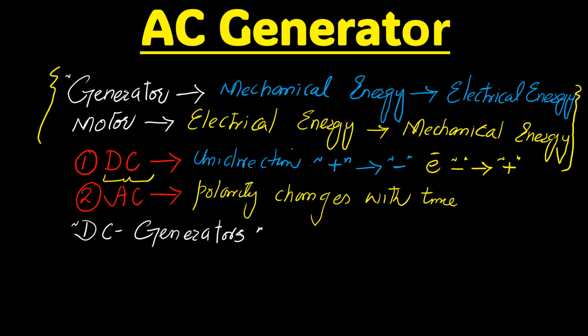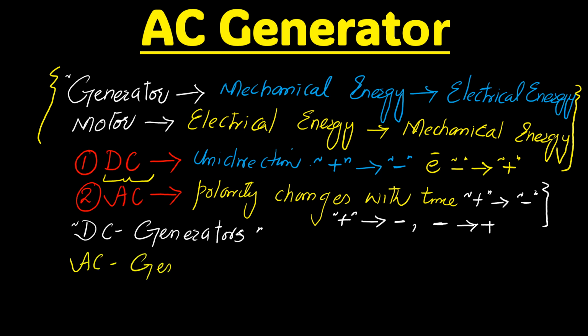Though the current will flow from the positive terminal to the negative terminal of the source, in an AC current generation source the positive terminal sometimes changes into the negative terminal, and at some instant of time again the negative terminal changes into a positive terminal. So in this way, the polarity of an alternating current changes. This means that a generator which is based on alternating current is known as an AC generator.